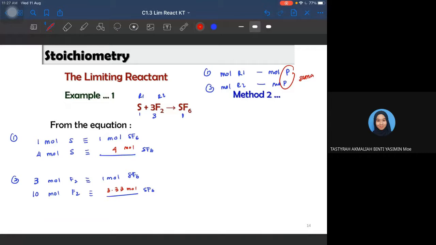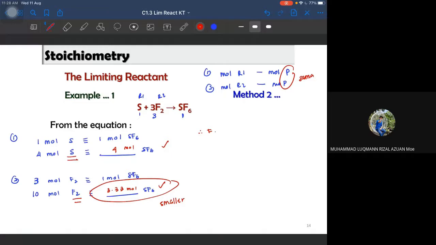Okay, so kita compare dua ni. Okay, sulfur ataupun fluorine yang akan hasilkan amount of product SF6 yang lebih sikit. 4 ke 3.33 lagi kecil? 3.33. Okay, so this one yang lebih smaller amount kan.